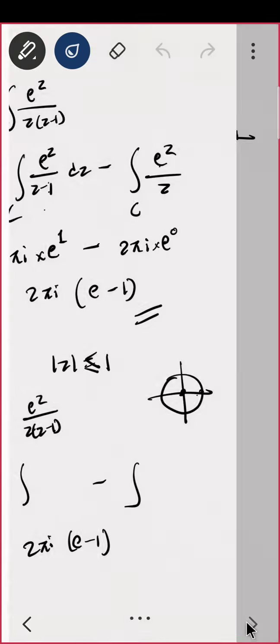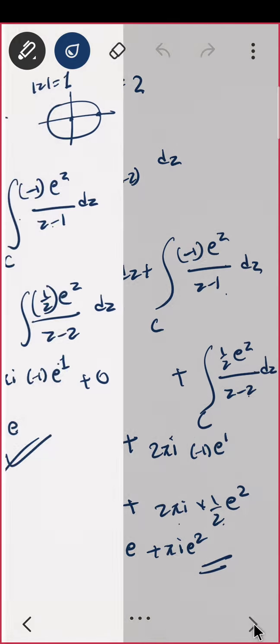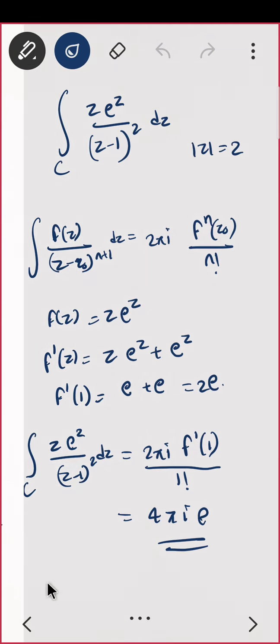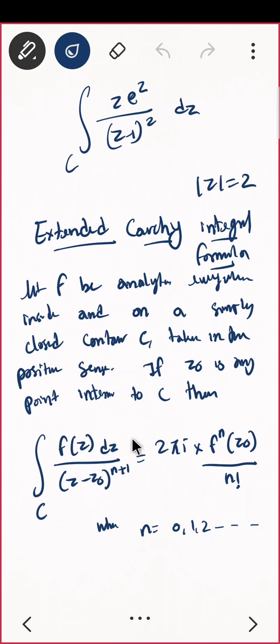Previous one. Okay. The same conditions as in extended Cauchy, same thing, only the formula changes here, that is, for n equal to 0. Put n as 0 here, and whatever the answer is. So if f is analytic everywhere inside and on a simply closed contour C taken in the positive sense, and if z0 is a point interior to C, then the integral is given by this.